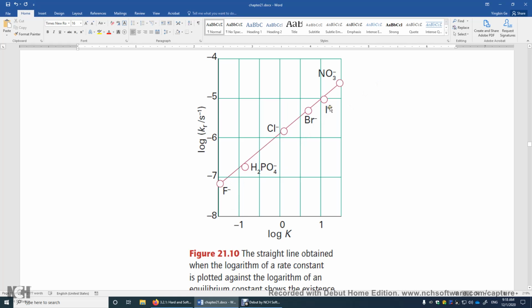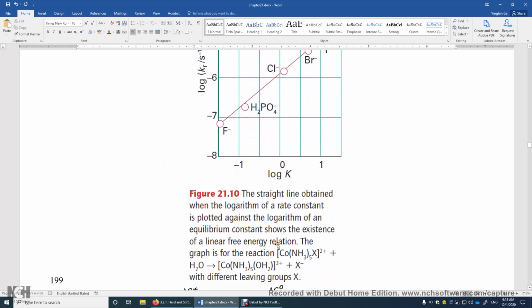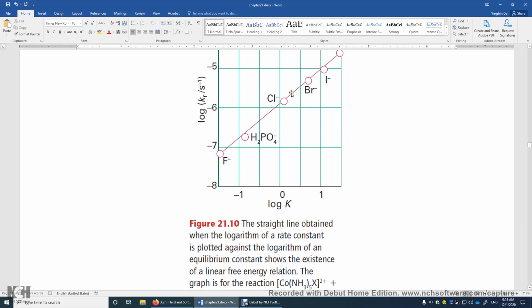And then if you just look at this iodido, bromido, chlorido, and fluorido, they are in the same column as you see the trend. And why is that? Well, it's because cobalt 3+ is a hard Lewis acid. It binds strongly with hard Lewis bases. So iodido, bromido, chlorido, fluorido, they are all Lewis bases.